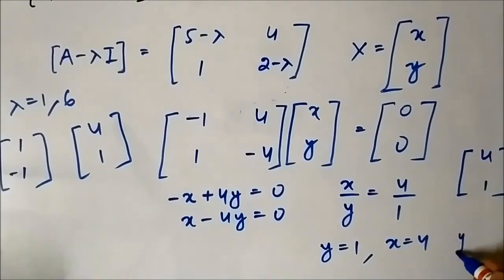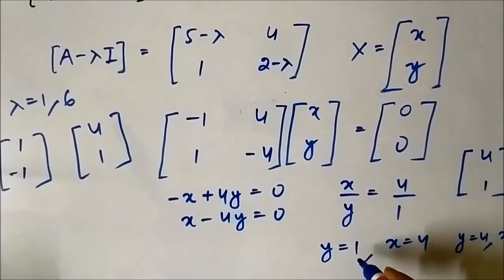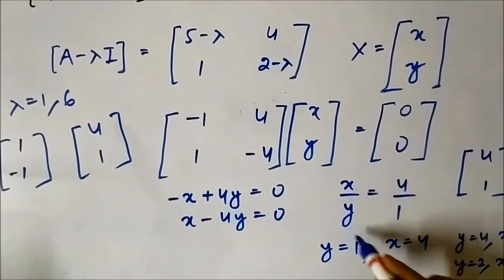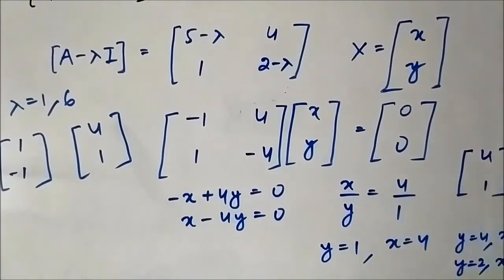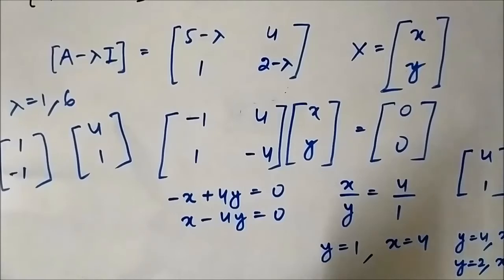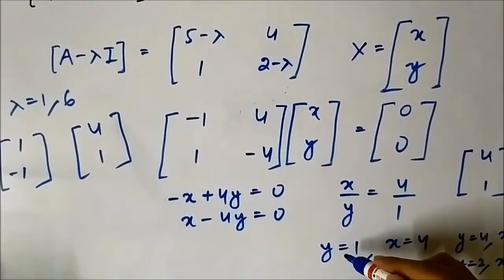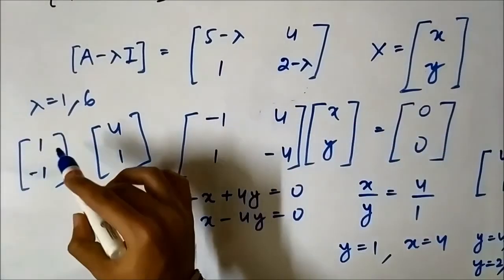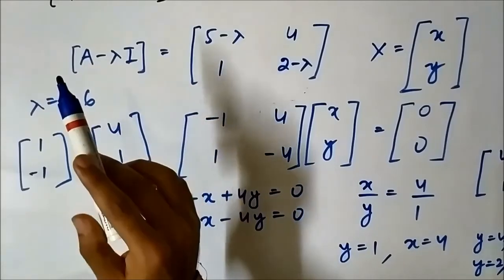If we put y as 2, then x will be 8. So this proportionality relationship must hold. Then you can put any value of x and y. Here we have put the simplest values, y is 1, x is 4. So here are the two eigenvectors corresponding to the two eigenvalues 1 and 6.